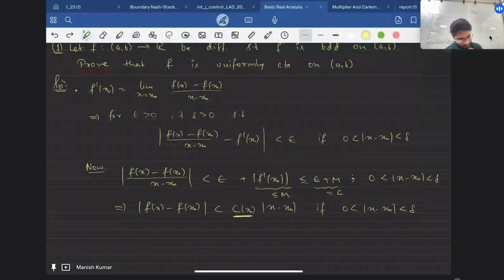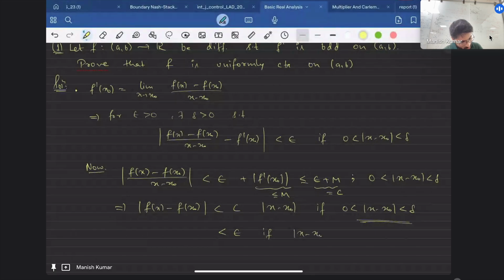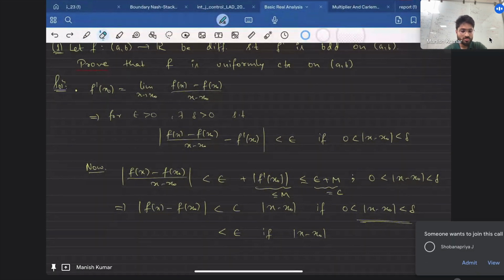So now I'm saying this is c times |x minus x naught| if my x is in the neighborhood of this x naught. Okay, so now this is less than epsilon if |x minus x naught|. Just a second. Here I already have one delta because of this differentiability.